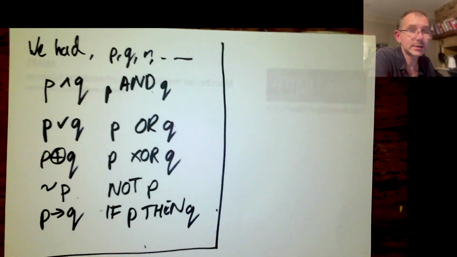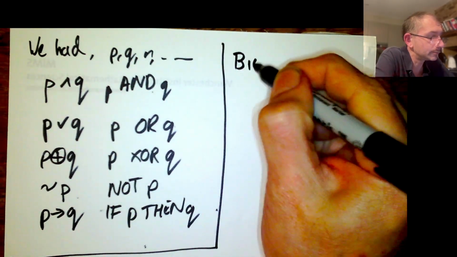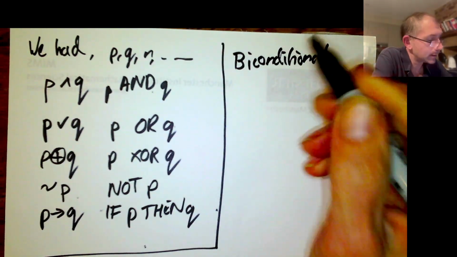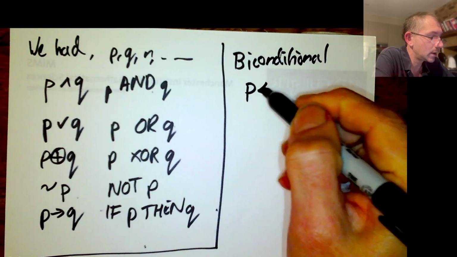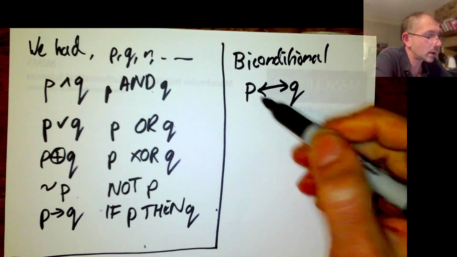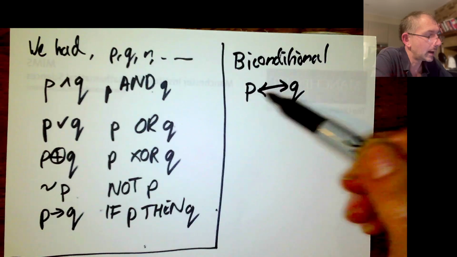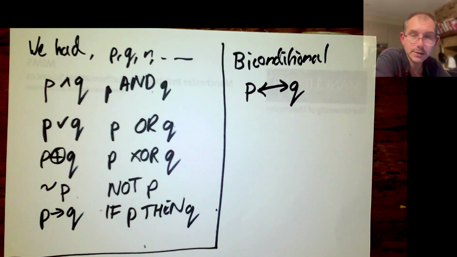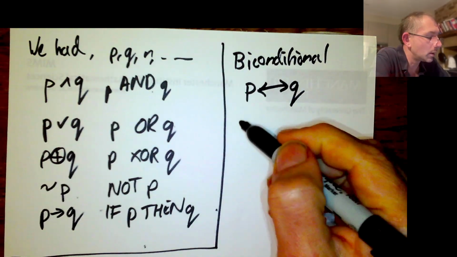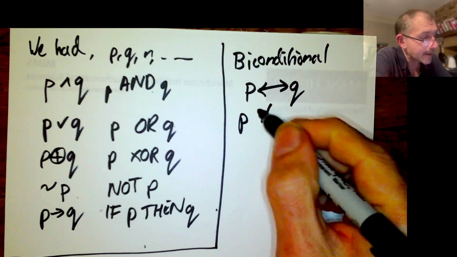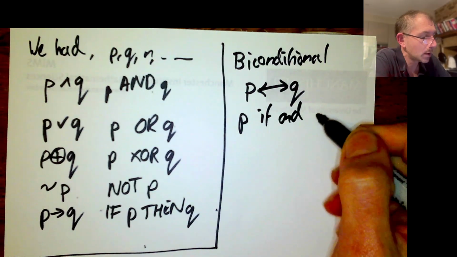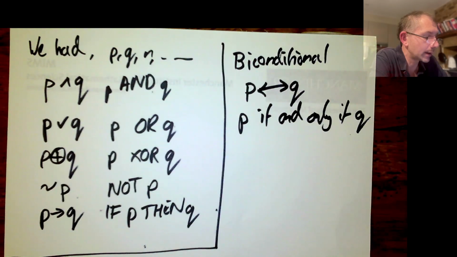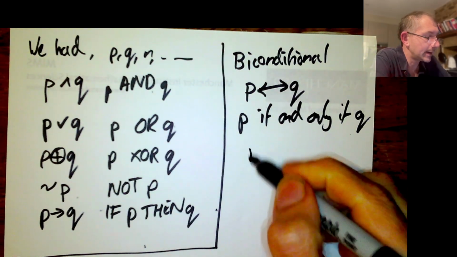so we're going to add to that the biconditional. And we write it P with a double-headed arrow, and this is to signify that these are true exactly when the other ones are. So we write this as P if and only if Q. Okay, so what should the truth table of this be?